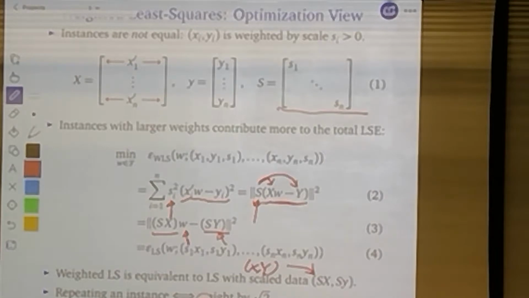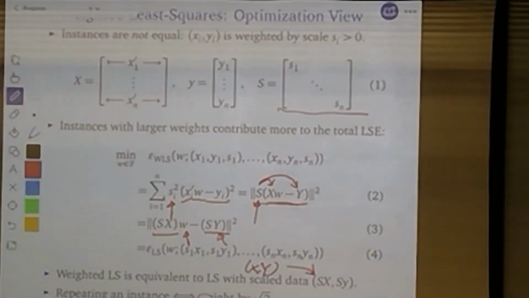The original shapes are no longer preserved. What this is saying is, if you think that the weights are associated with every instance, the equivalent least square fitting problem is just as if they are scaled accordingly, and then you fit a line in an unweighted fashion. In terms of math, it's straightforward.